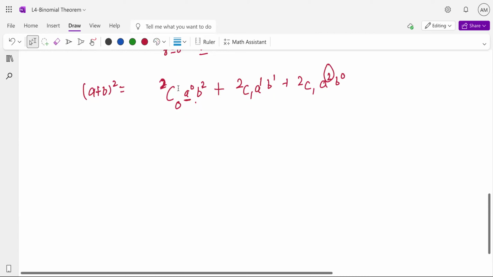So first I can tell you something new, which is Pascal's triangle. What is Pascal's triangle?